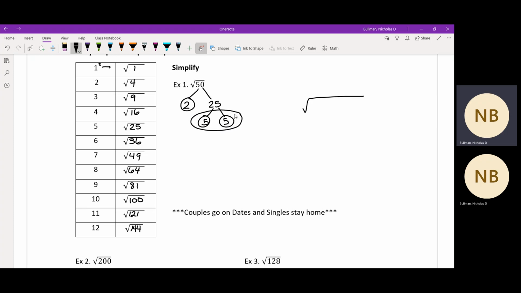There's a pair of 5s. And each pair only comes out once. So for one pair of 5s, I'll write 5 outside the square root. And then I have this individual 2 that's left. Since it's by itself, it doesn't have a date, so it's going to stay on the inside. So we know that the square root of 50, once it's simplified, is 5 square root 2.